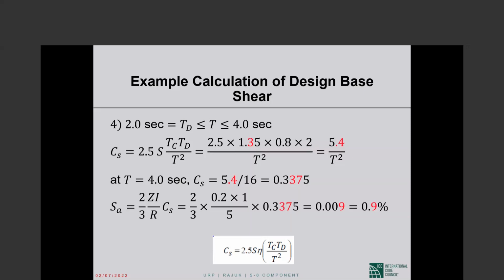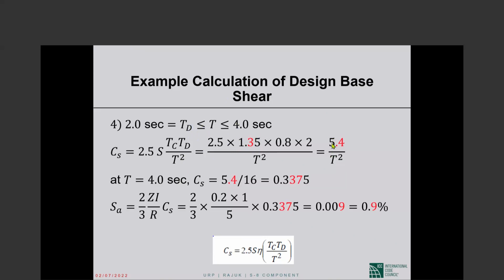In one of the examples that I was showing you, in calculating S sub A, the spectral acceleration in that period range between T sub D, which is 2 seconds, and 4 seconds, which is the end of the spectrum, the soil factor S, which is 1.35 in our case, was taken mistakenly as 1.25.